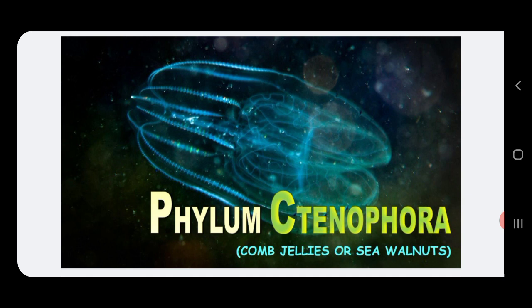Then about the phylum Coelenterata or Cnidaria, the examples for this are Physalia, the Portuguese man of war, or Adamsia, which is also known as sea anemone, or Aurelia, Obelia. These are all examples coming under the phylum Coelenterata, whose other name is Cnidaria.